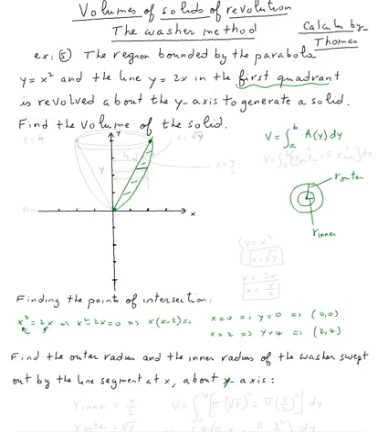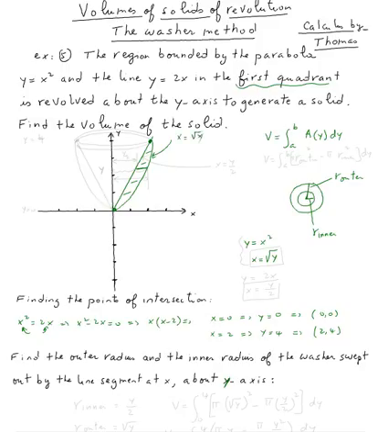When we revolve a region around the y-axis, we want to write these curves as x as a function of y. So this curve right here was y equals x squared. If we solve for x, we get plus or minus square root of y, but we only need the square root of y, just the one on the right side. So that's x equals square root of y.